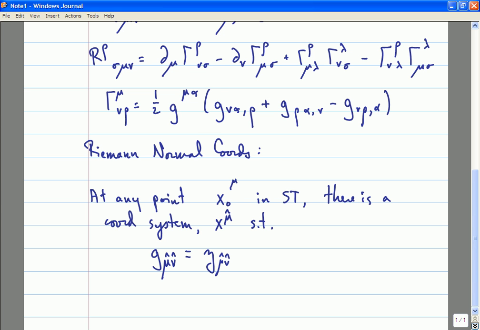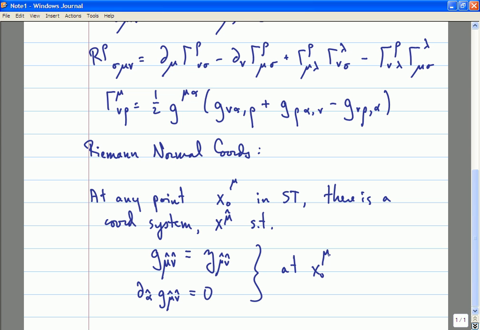And moreover, we saw last time that one can even, by carefully choosing this coordinate system, set all of the derivatives of the metric to be equal to 0 at the point x naught mu.